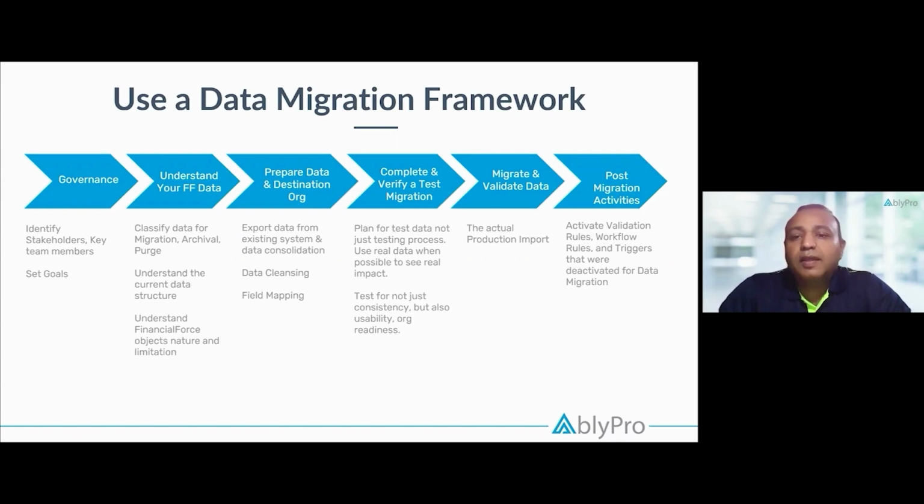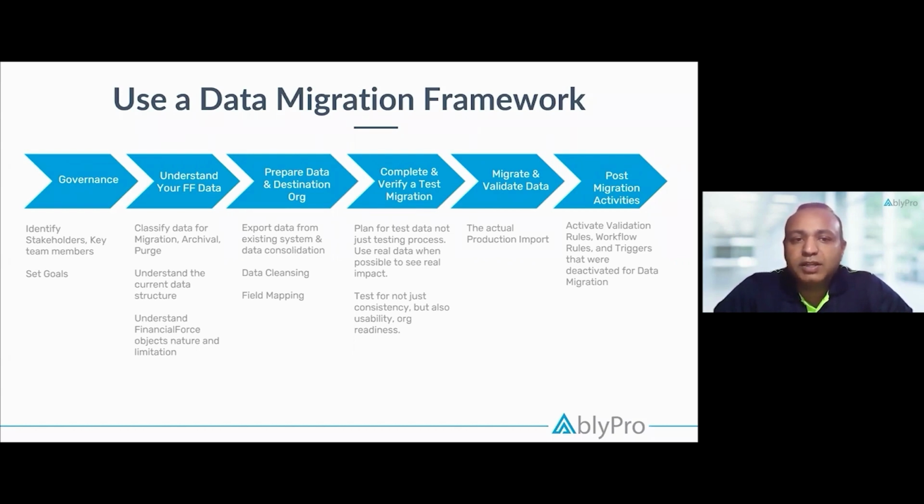Okay. Then obviously, once you have migrated, validate that data, whether it's in sandbox or whether it's in production, and never ever do a direct migration from one live system to another. Make a sandbox environment, do the migration first in sandbox, get it tested from your business users, and then only move to production.